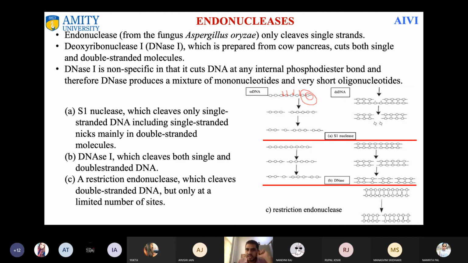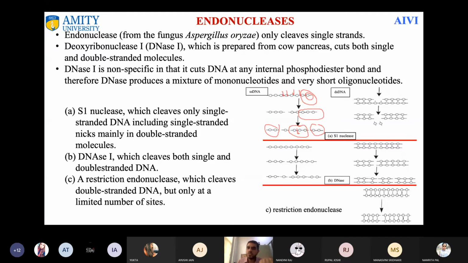So as I mentioned, this one is the endo. At the end, you are going to have two nucleotides in a way, depending on where it is going to produce the cut. In this case, you may get three also. But if you produce a cut here, then the job of an exonuclease will come.